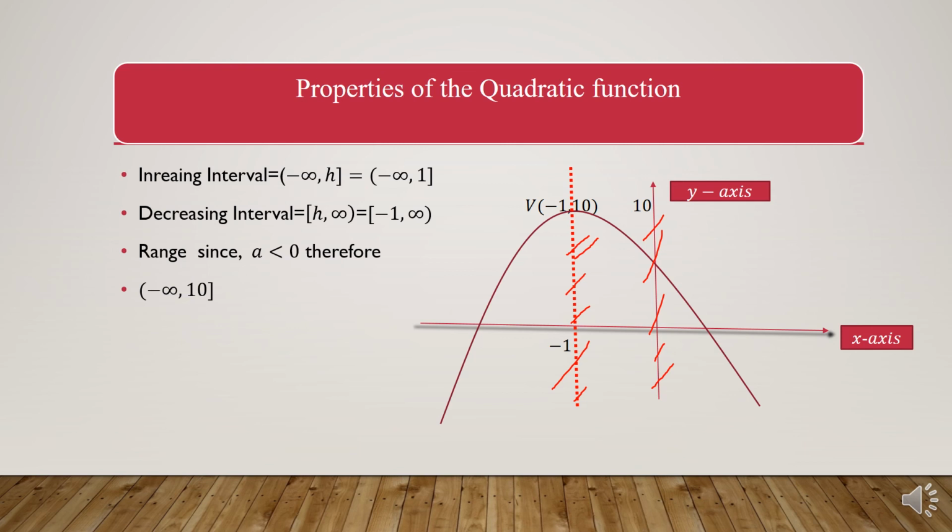This is why we call it the axis of symmetry. And this symmetrical line will always divide the given parabola into two equal parts. This is why it is called the symmetrical line. I hope you now understand.